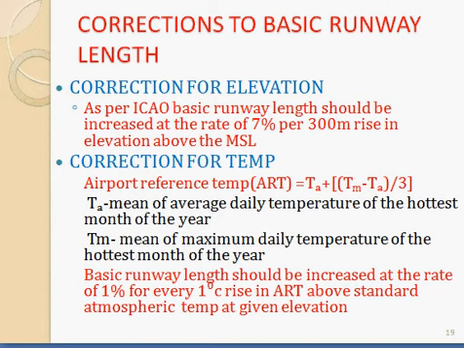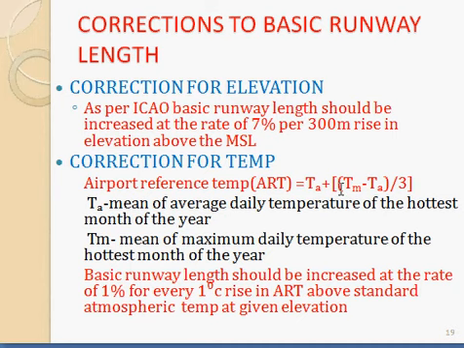This airport reference temperature may sometimes not be given. At that time you can find it using this formula: airport reference temperature equals Ta plus (Tm minus Ta) by 3, where Ta is the mean of the average daily temperature of the hottest month of the year, and Tm is the mean of the maximum daily temperature of the hottest month of the year.